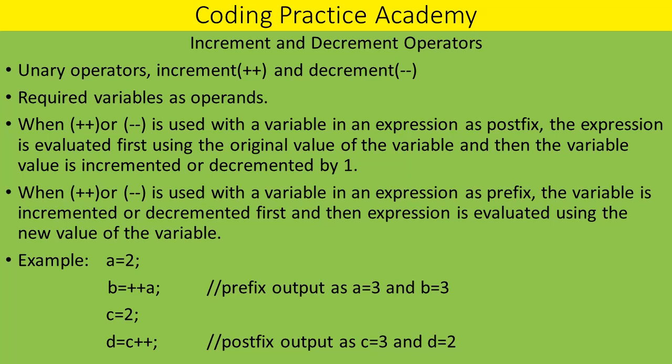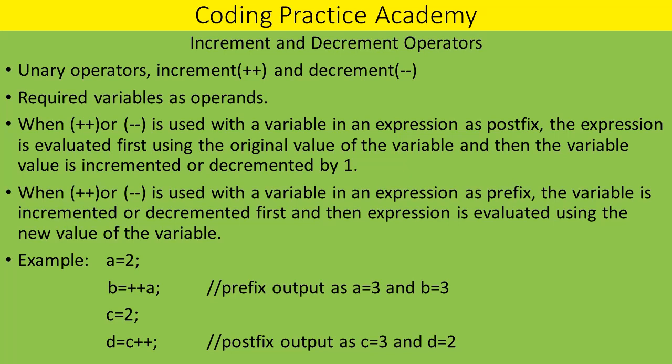Suppose the value of the variable a is equal to 2. Now we use the plus plus operator before a. Here the syntax is b equals plus plus a. So what will be the output of a and b? In this case a equals 3 and b equals 3. Why? Now it is a prefix.